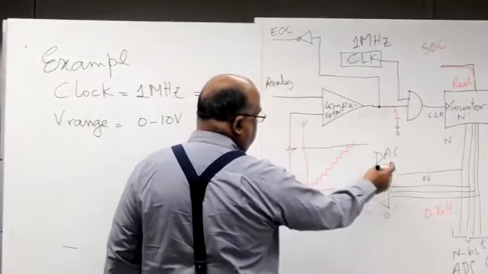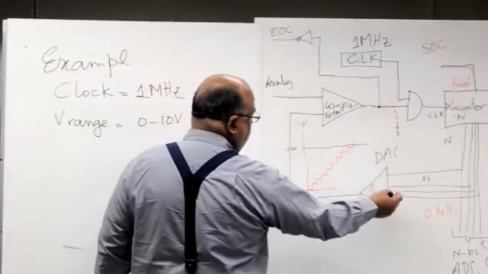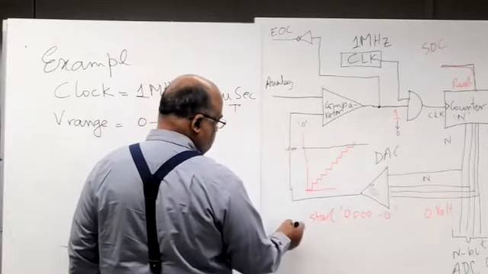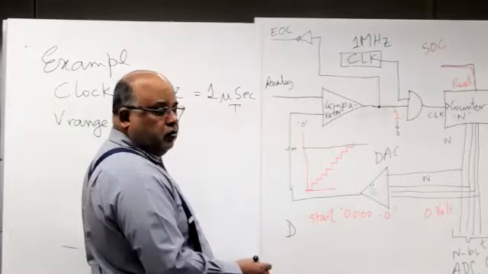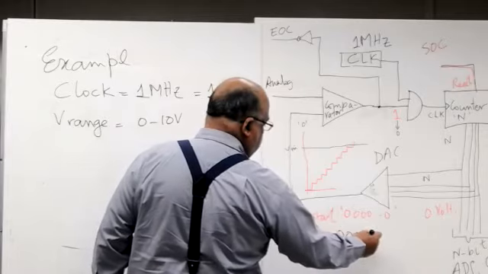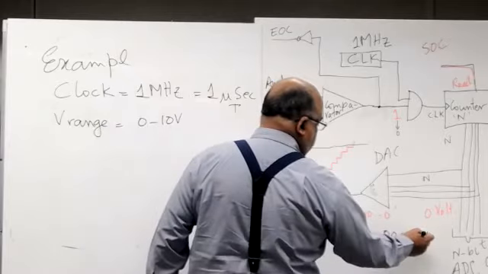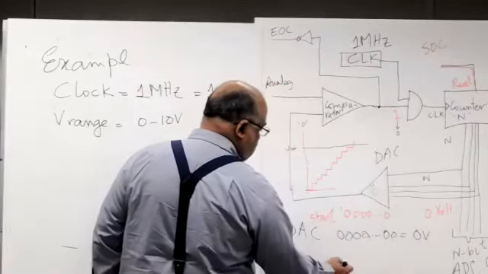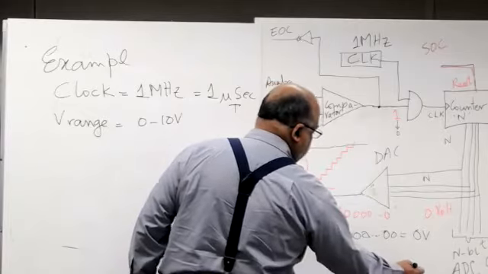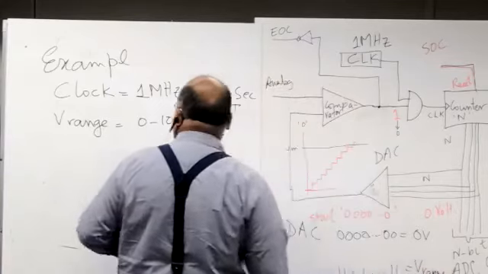So if the input is 0000, the DAC output is 0, and if the input is 1111, the DAC output is V range, which in this case is equal to 10 volt.